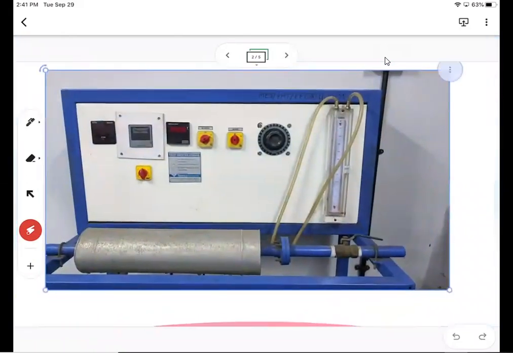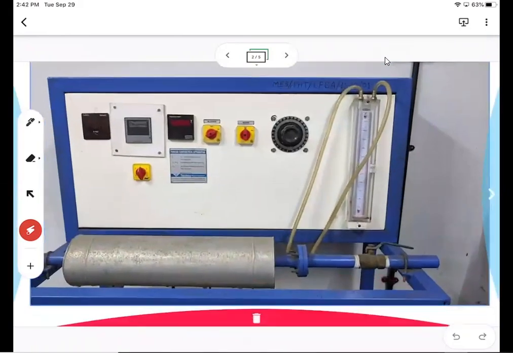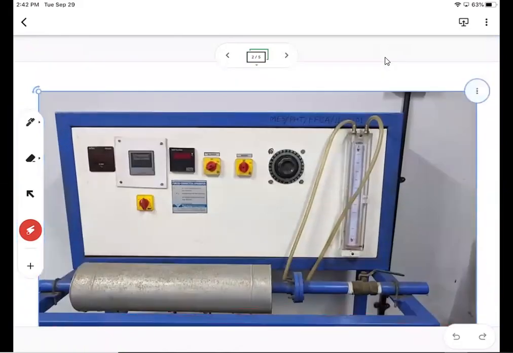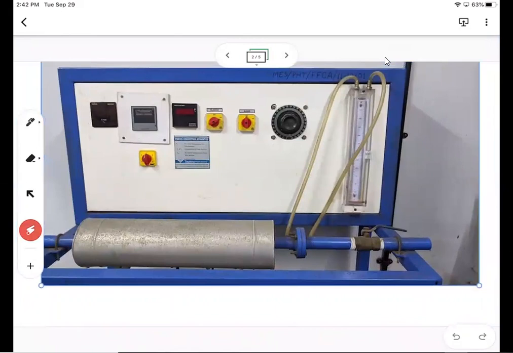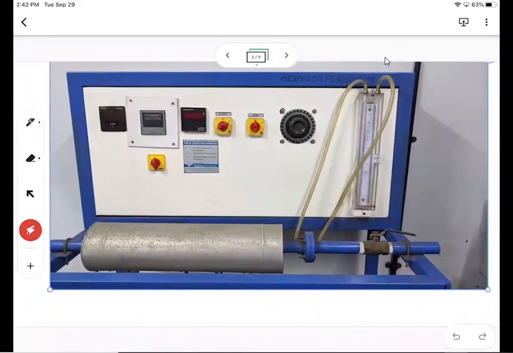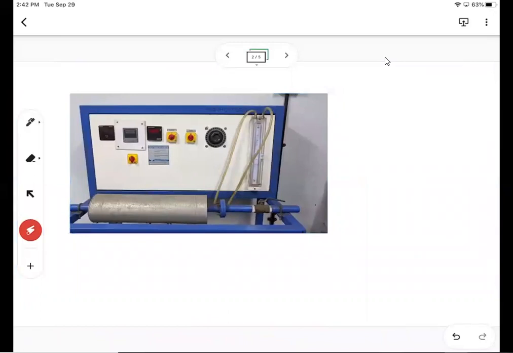Now you can see the zoomed image of the working section. As you can see over here, this is the test section.